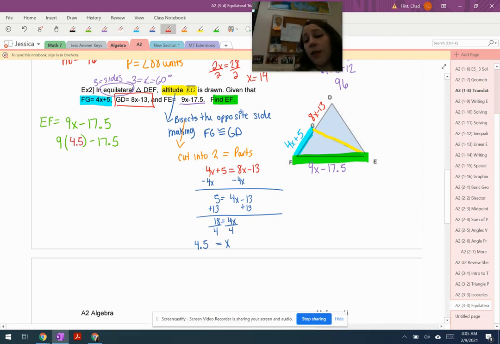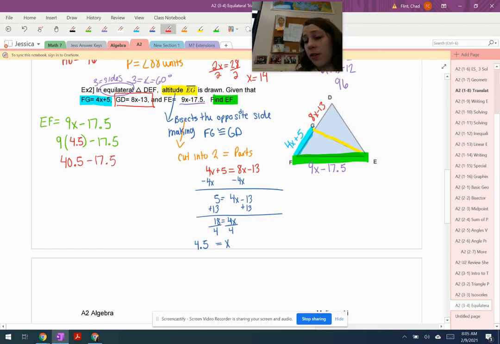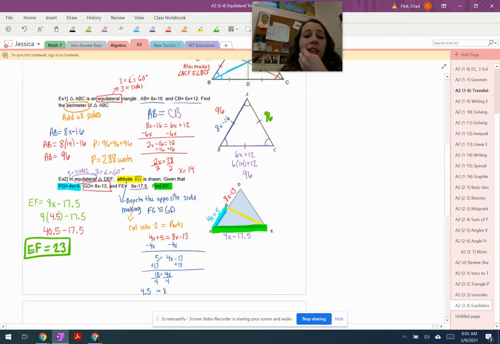So now we math. 9 times 4.5 gives us 40.5. Minus 17.5 is going to work out nice to be 23. So EF is equal to 23. Boom. And we're done.